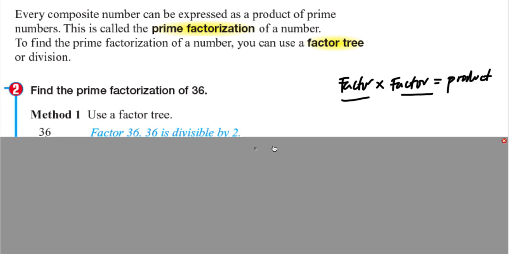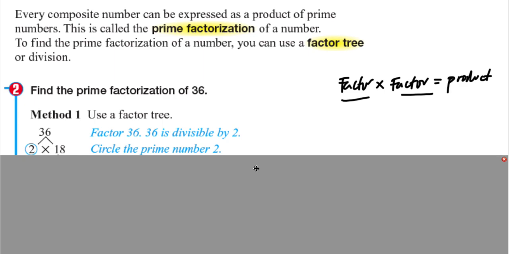36 starts at the top. Find any two factors of 36. Since 36 is divisible by 2 according to our divisibility rules, we can use that. 2 times 18 is 36, because 36 divided by 2 is 18.